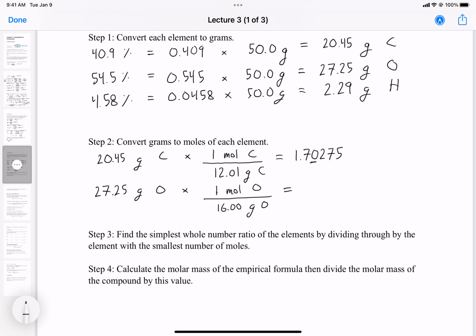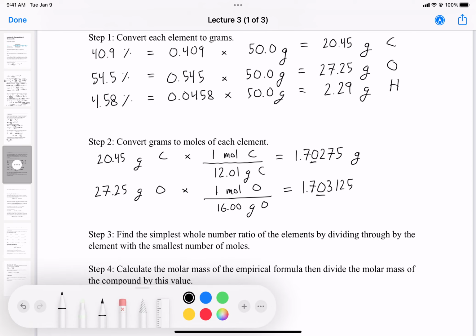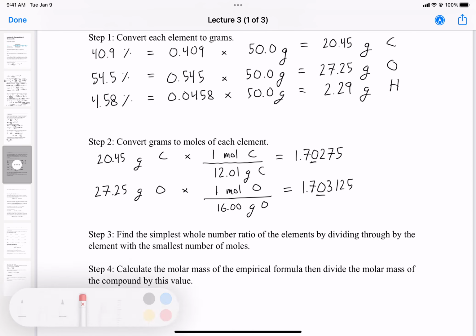We get 1.703125. Sorry, not grams, moles. Let me put my units here.